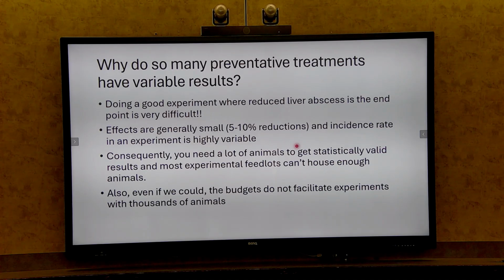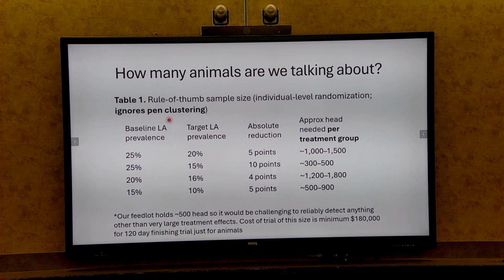Even if they do, often our budgets don't accommodate studies with thousands of animals. So for example, in Lethbridge, we have an experimental feedlot. Max number of animals that I could fit in there in a trial is 500. Now, how many animals are we talking about?